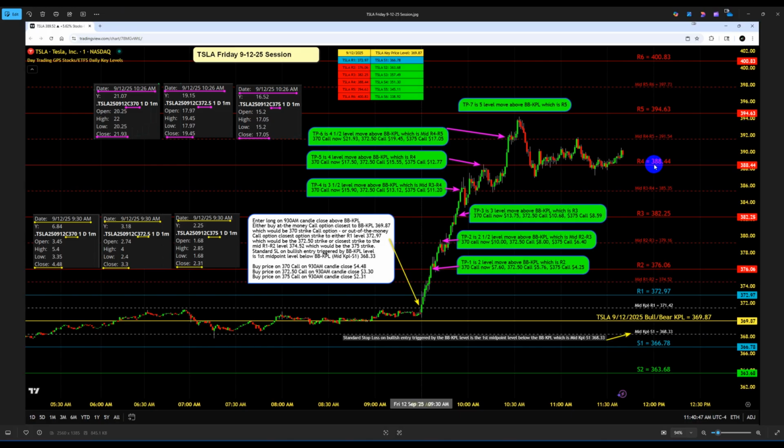So you can control the size of the main levels, which would be your R levels and S levels, and you can individually control the size of the line labels for your midpoint labels. So if you'd like to make your main levels larger and your midpoint line labels smaller, as I've done here, then you can do that. And you also have a wide array of choices as to what size you'd like to make them, from tiny all the way up to huge.